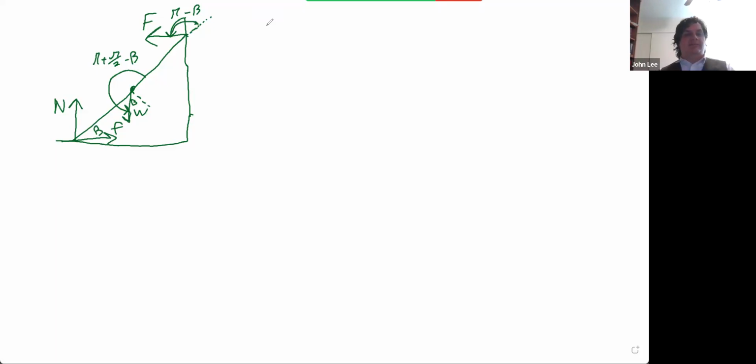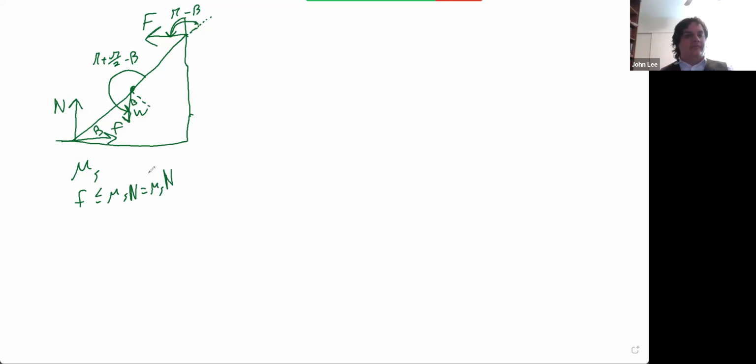So what it looks like we're solving for is the coefficient of static friction, the minimum coefficient of static friction, in order for this not to fall down. So mu s, and if this is the limiting case, then F is less than or equal to mu s times N, and is equal to mu s times N because we're looking at the limiting case.